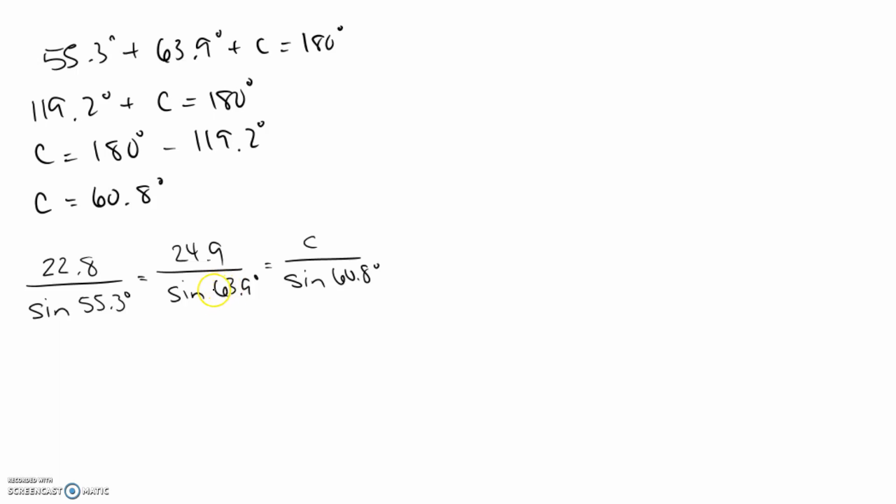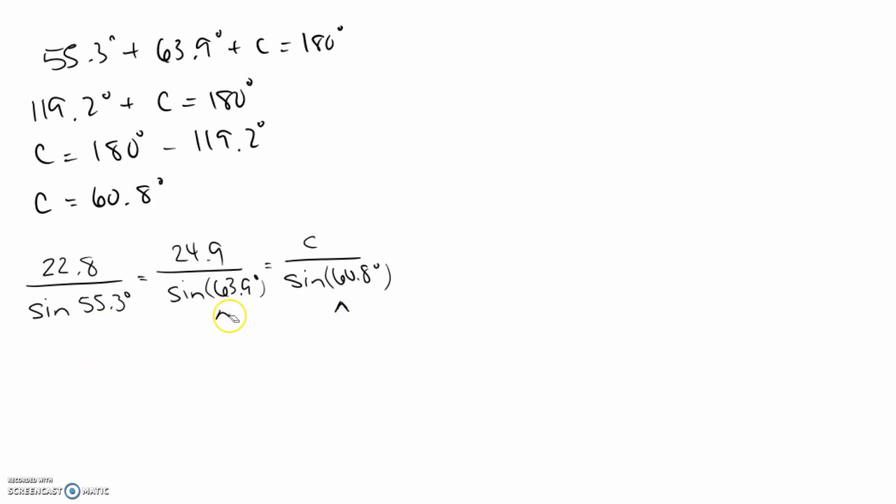And the things that I have calculated myself, I'm going to put them in parentheses. So I found that one, and I found that one. The rest of this information was given to me. So I could set this expression equal to this expression, or I could set this expression equal to this expression.